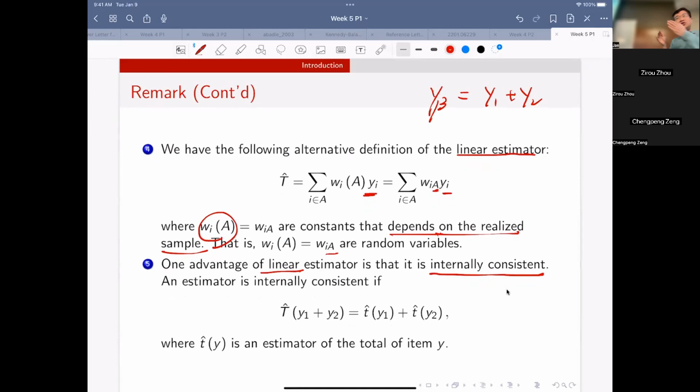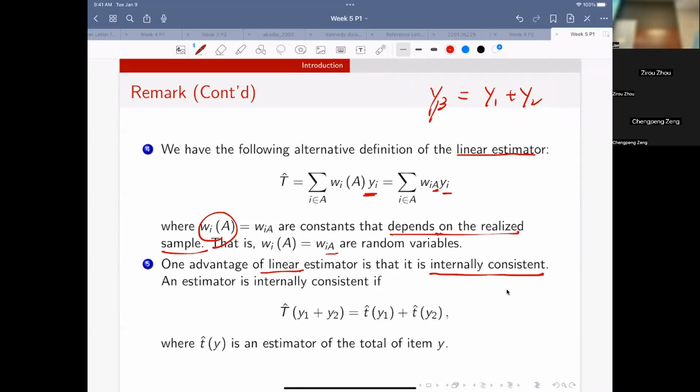Think about an Excel file, where each column represents a particular score: your score in the midterm, your score in the final, and then your total score. We should make it consistent: the total of the students' midterm scores plus the total of their final scores should equal the total of the sum of the midterm and final scores, right? So that's important.